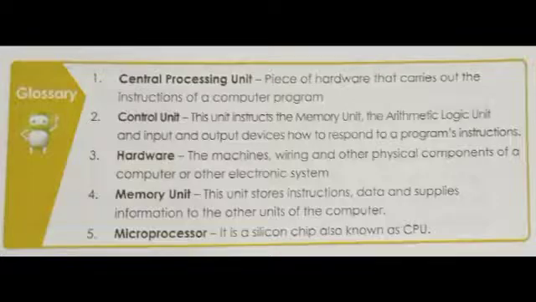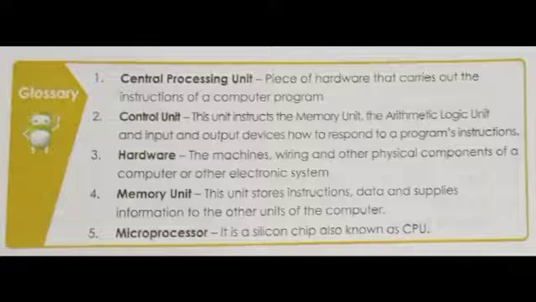Glossary. Number 1, Central Processing Unit: a piece of hardware that carries out the instructions of a computer program. Control unit: this unit instructs the memory unit, the arithmetic logic unit, and input and output devices how to respond to a program instruction.